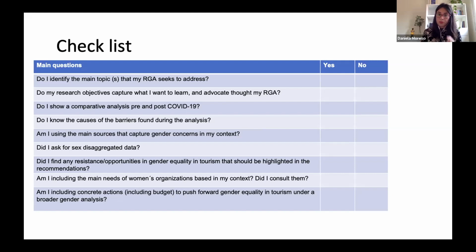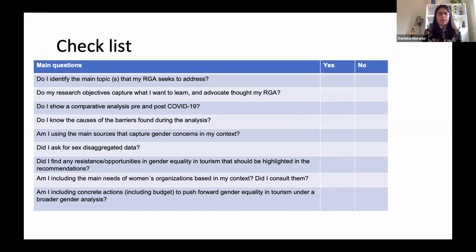As it was mentioned in another module, when you present your matrix number 1, we don't have enough data to really know what are the consequences of COVID-19 for women working in tourism or women linked to tourist development. So we really need to capture what is the reality, why this is happening, and how this is happening, right?